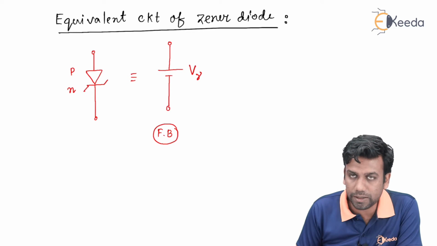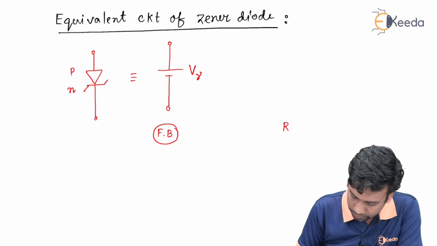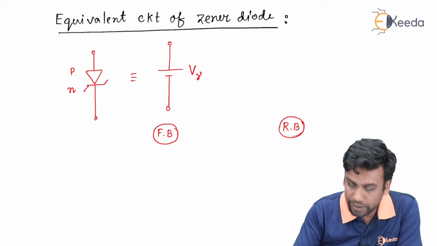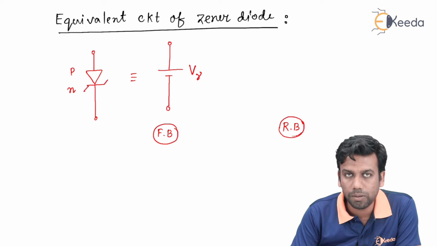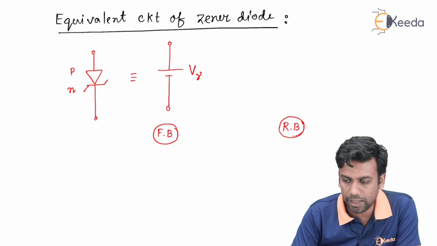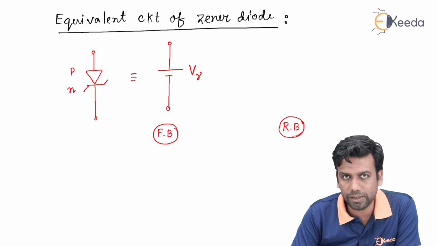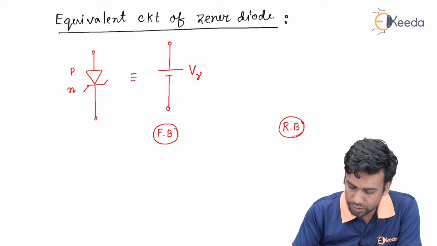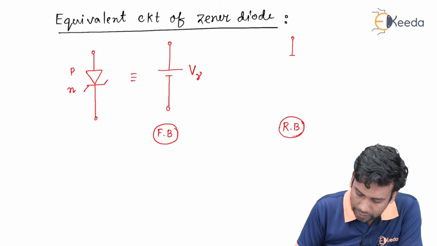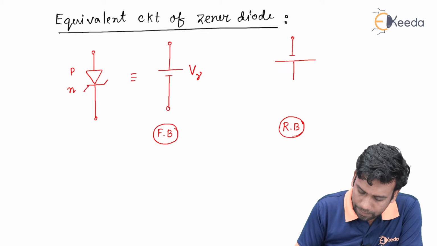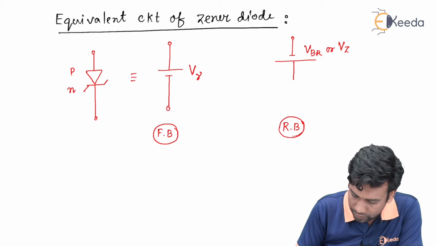And in the reverse bias section, when the Zener diode is operated, it will have a breakdown voltage VBR and also a resistance, the Zener resistance. So, the equivalent circuit of a Zener diode in the reverse bias region or the breakdown region will have a breakdown voltage VBR or Vz.